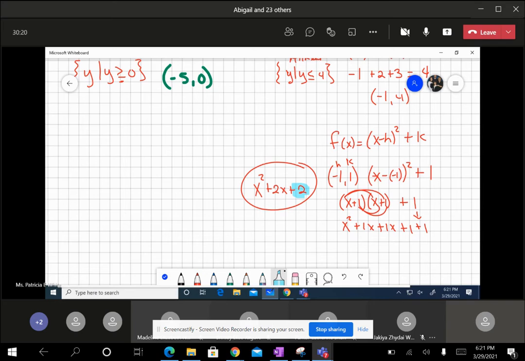I'm going to give you a minute to look at 7 and 8. Your minimum or maximum value, that's going to be your y. But again, what do you got to have?